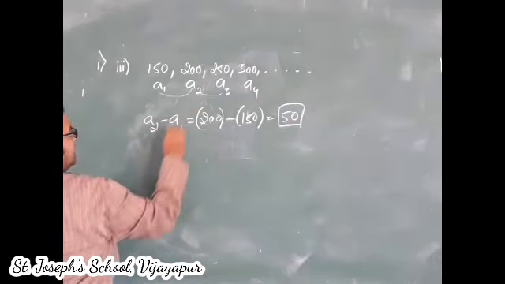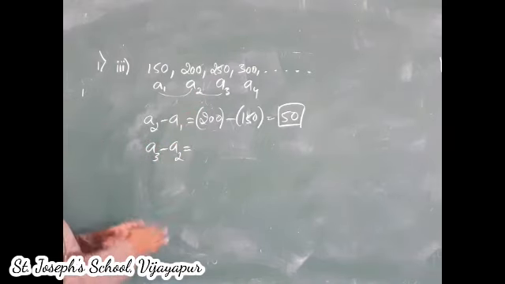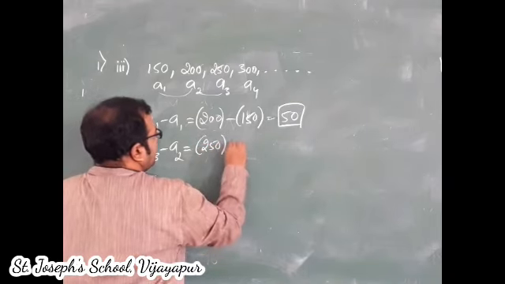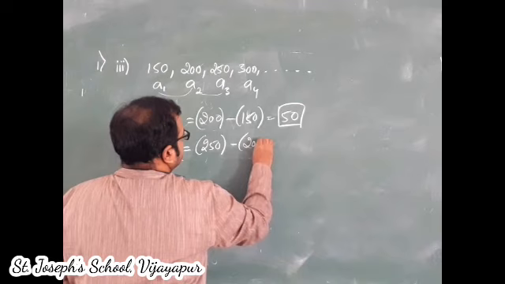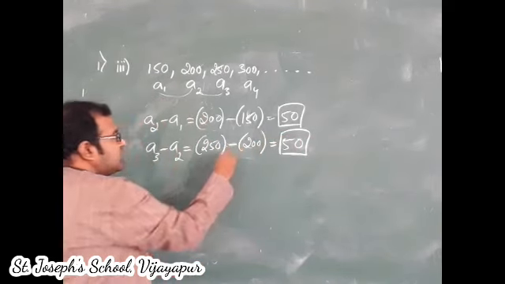Next, A3 minus A2. Just for the convention's sake, we must write all the terms properly. Next comes 250 minus 200, which is equal to 50. Again, we must be glad that we got the same.